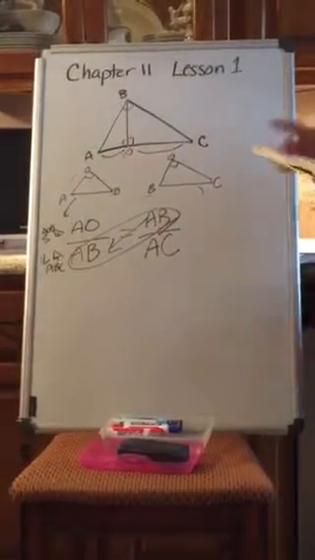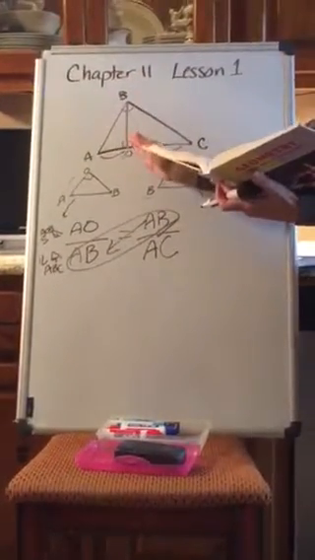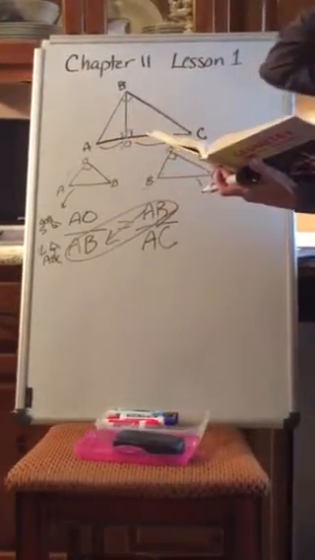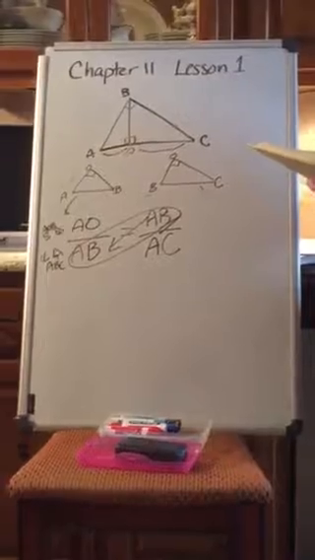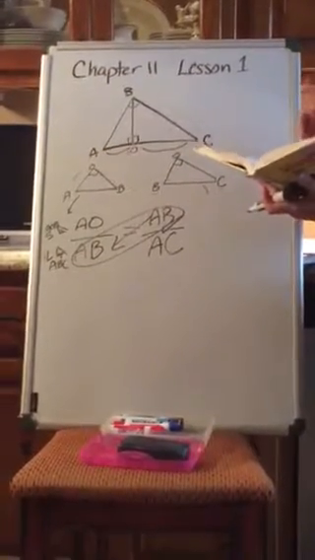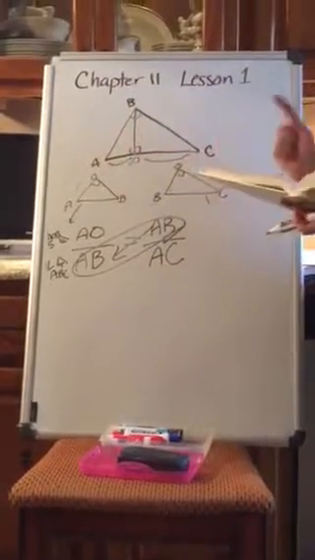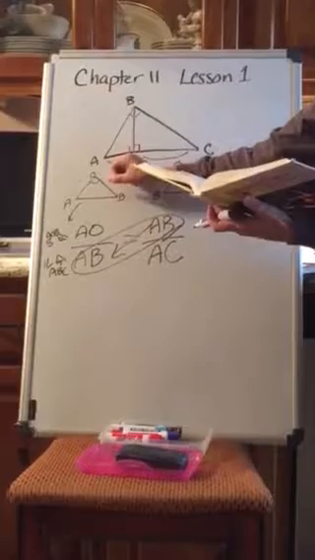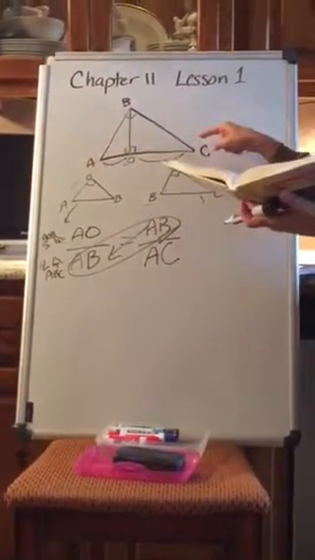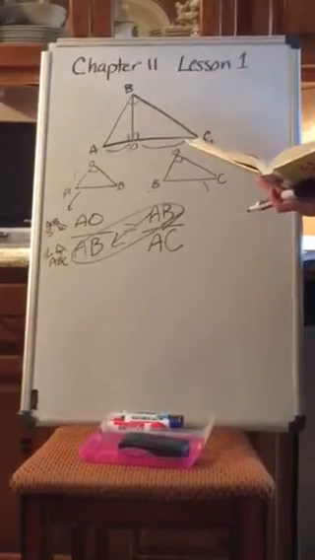So what have we said so far? The altitude is the geometric mean between AO and OC. And now we have said that the shorter leg AB is the geometric mean between the smaller segment and the entire hypotenuse of the big triangle.